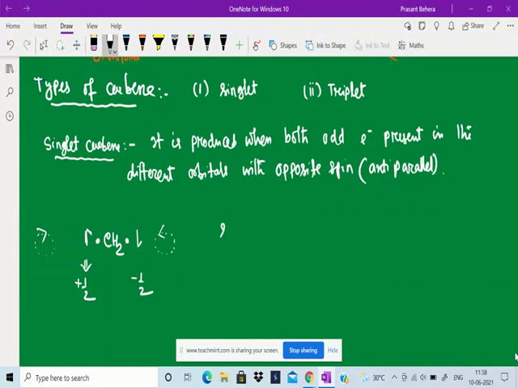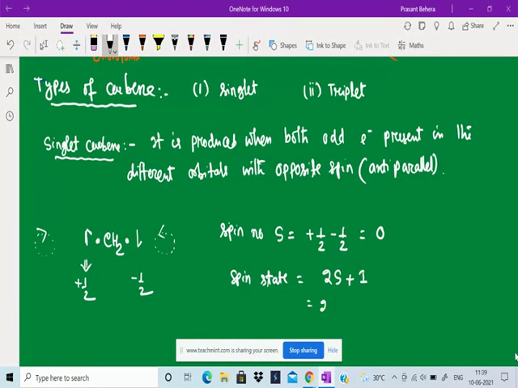The spin quantum number S is how much? Plus half here and minus half here. If we add the spin quantum numbers, what is the value? 0. The spin number is 0. The spin multiplicity is given by the formula 2S plus 1.